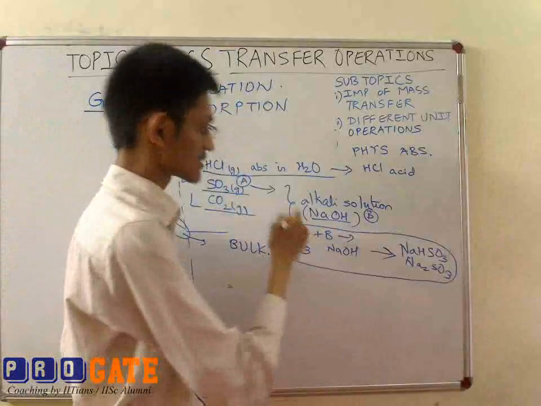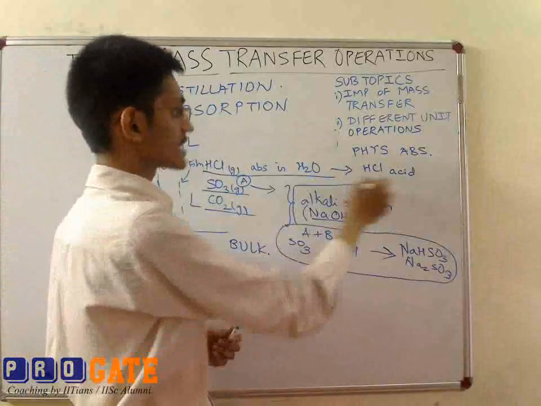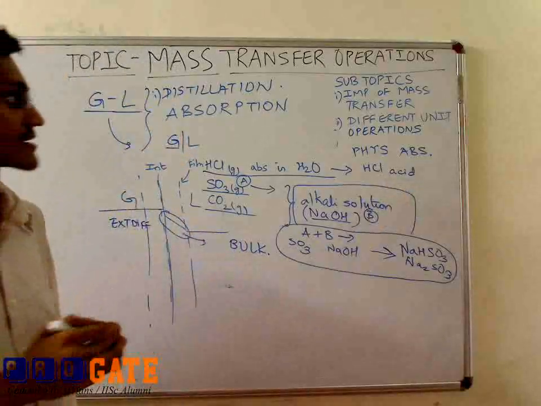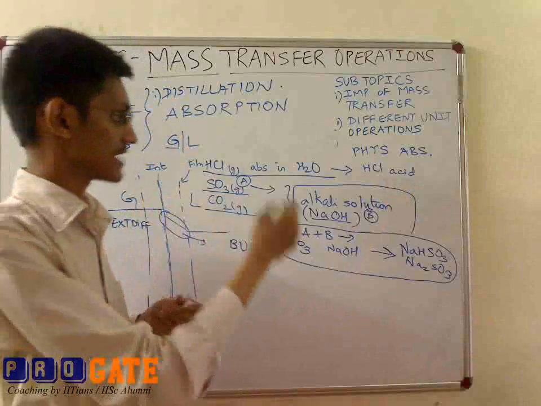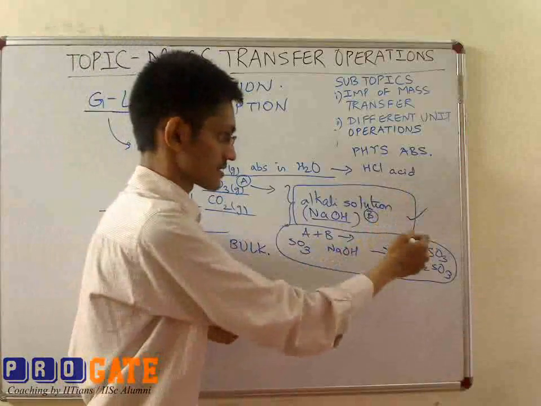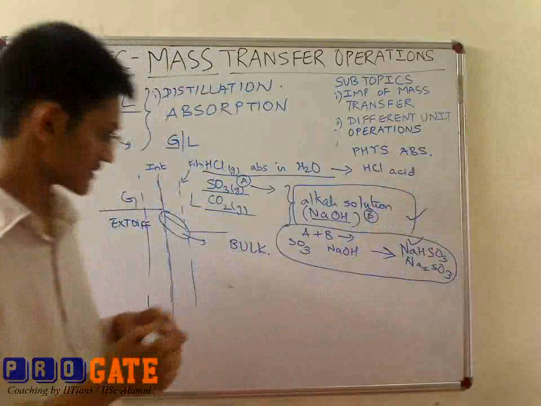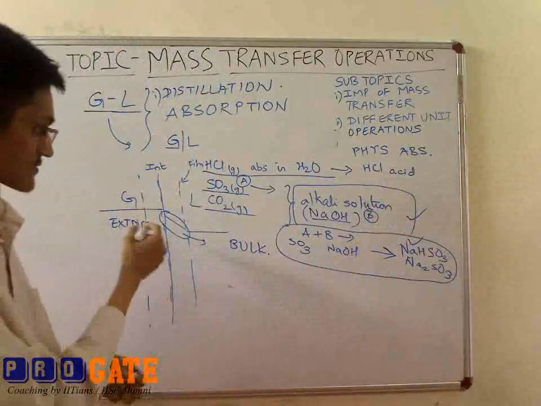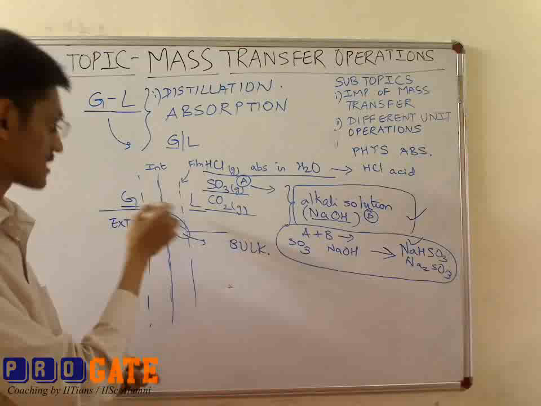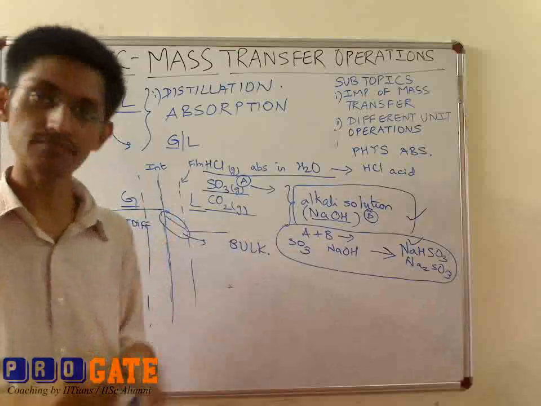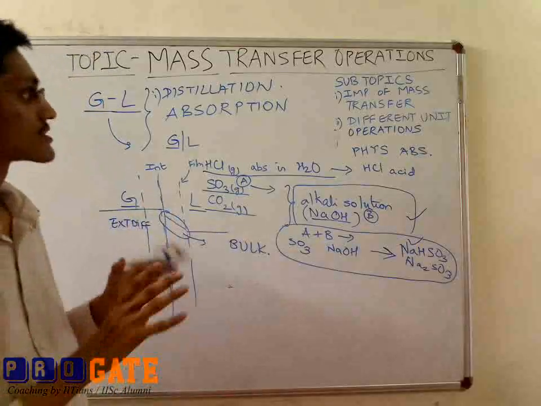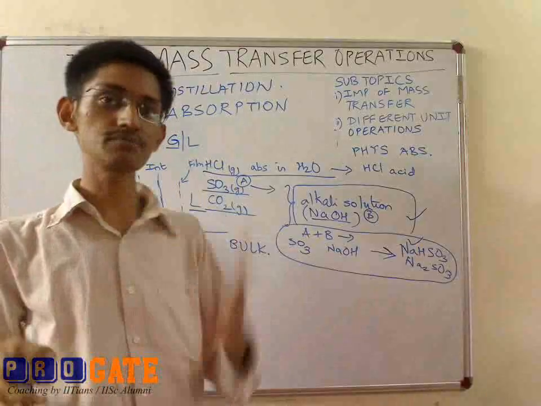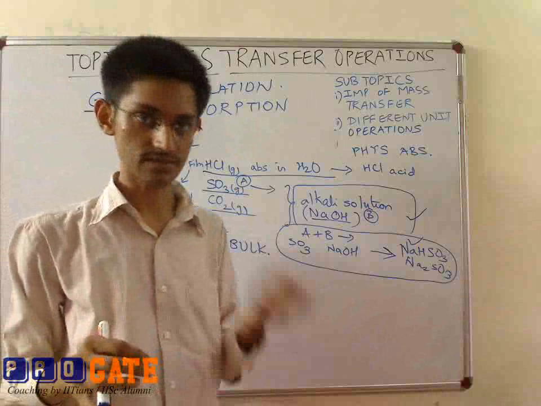So depending on the type of absorption carried out, we would be having different products and different compositions in both the phases. So again, there is mass transfer, two phases involved, mass transfer and hence changing composition. In all of the unit operations, the aim is either to separate one component from the other or change the composition of the feed solution.